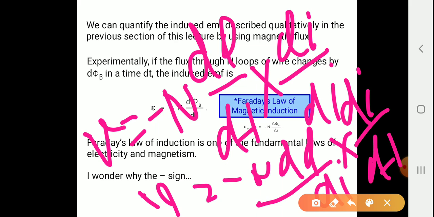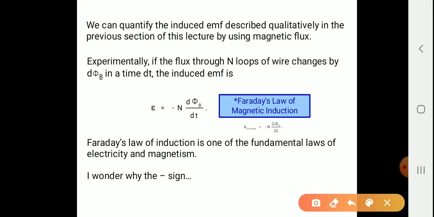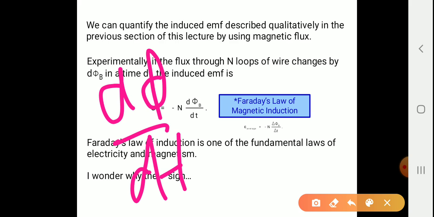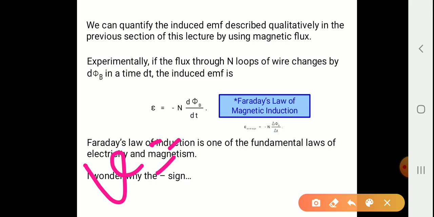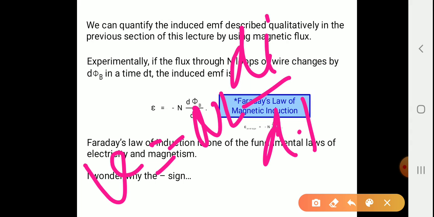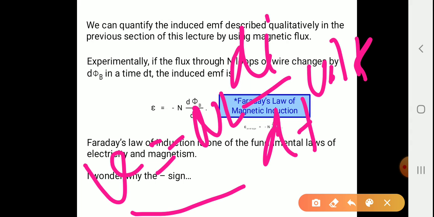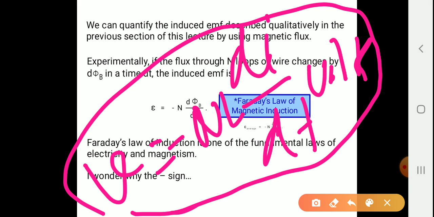Here d phi over di equals L, the self inductance. So the voltage due to self inductance is V equals minus N L di over dt.